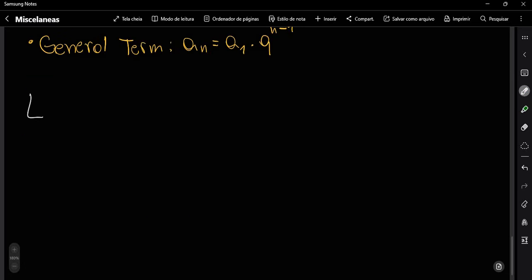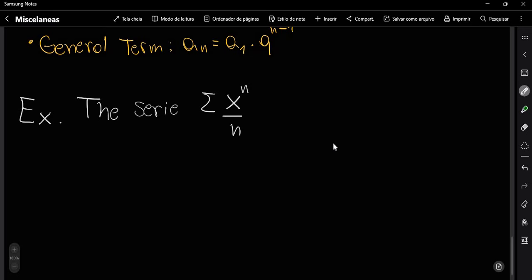Okay, now we finish with an example, and the example gives us a series. So the series of x to the n over n, with n starting in 1.